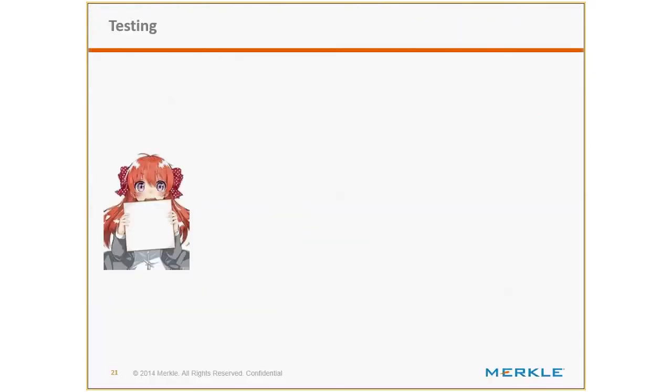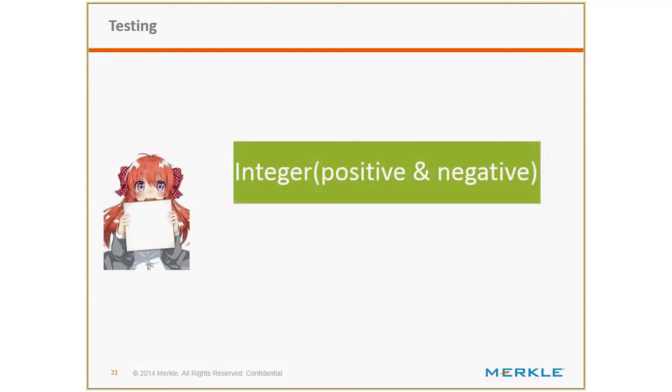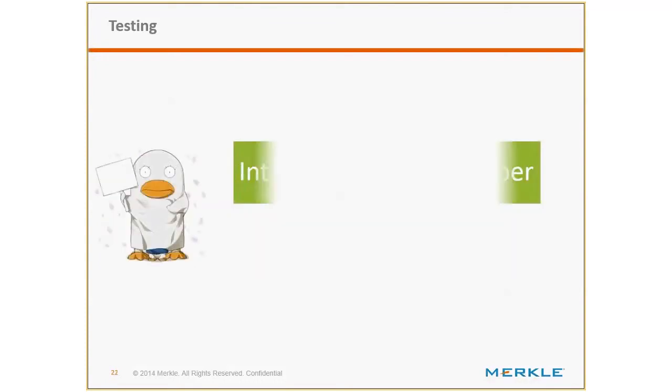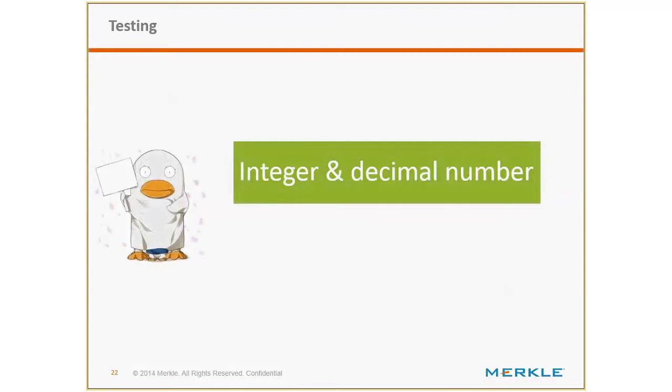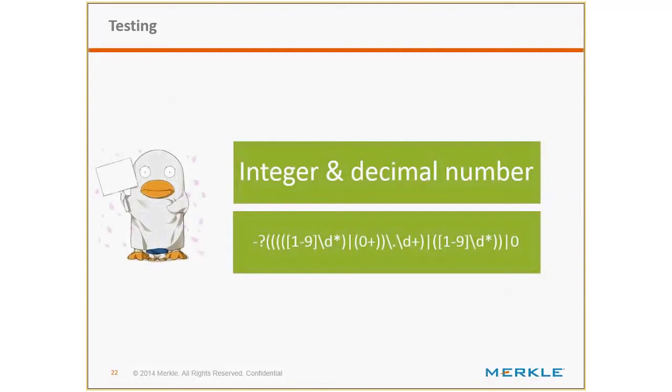The next one may be difficult, okay? I want to match integer or decimal numbers. Because I think it's difficult, I will just give the answer. It's very long, so I will just explain why it is this.